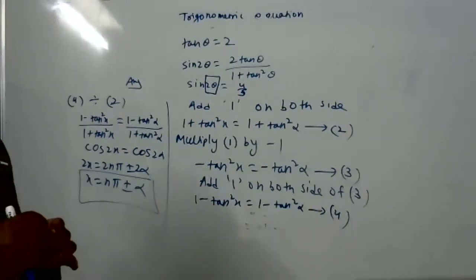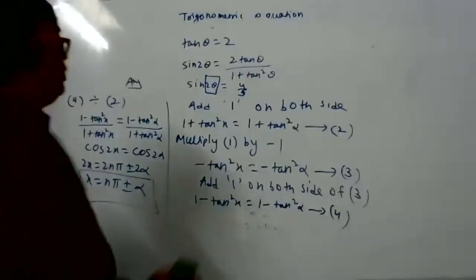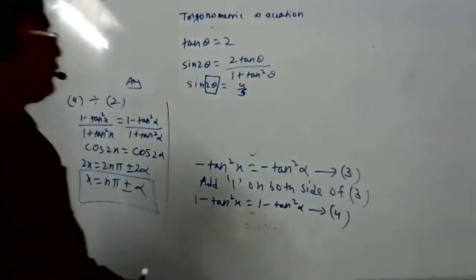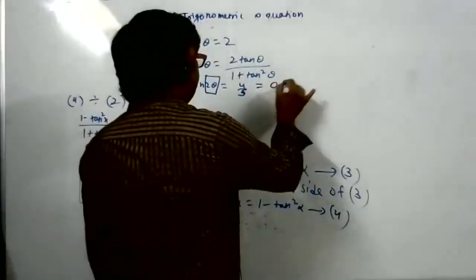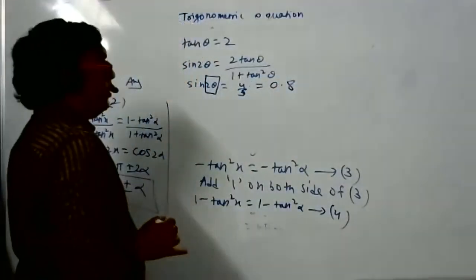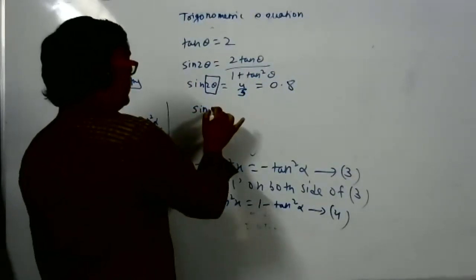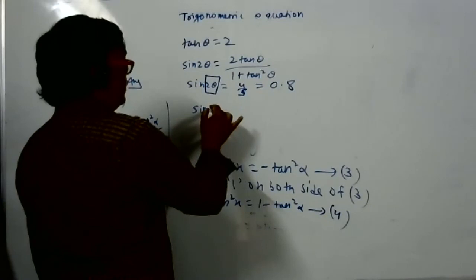So what you're saying is that this is wrong. 4 by 5, how much? Divide and tell me: 0.8. And sine 60 is root 3 by 2.